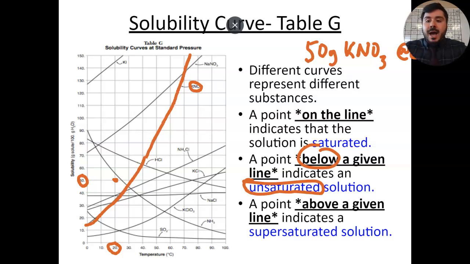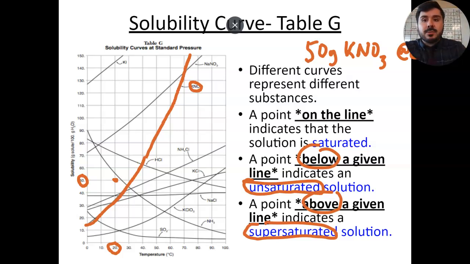So since we are above the line, our solution of 50 grams of potassium nitrate at 20 degrees Celsius is a supersaturated solution. That's your identifier. If your dot is above your curve, that is a supersaturated solution. Below the line, unsaturated. Above the line, supersaturated.